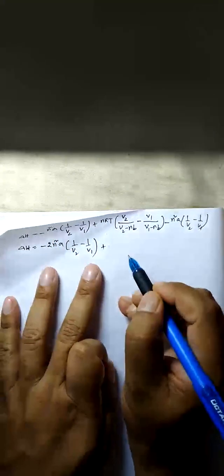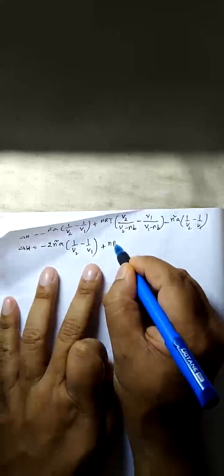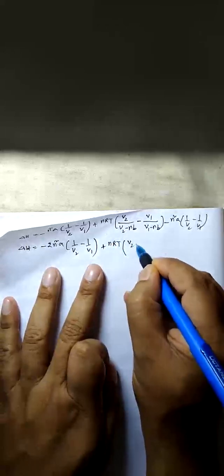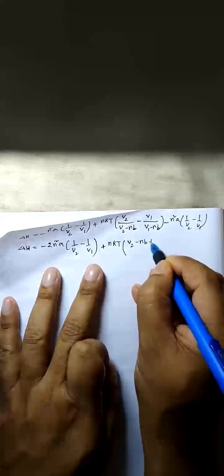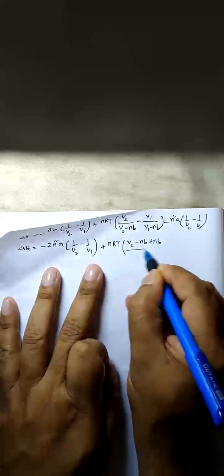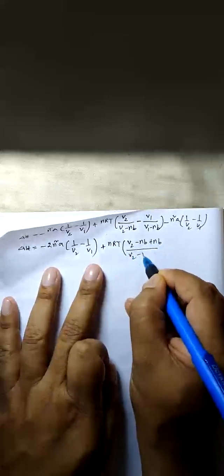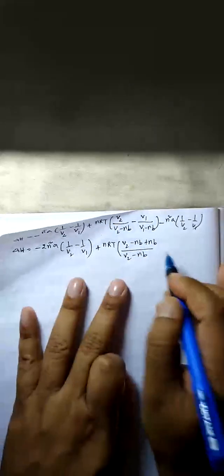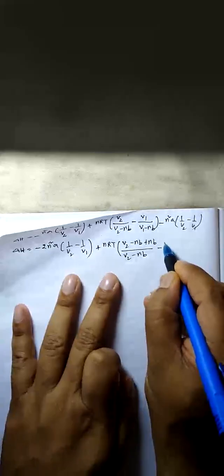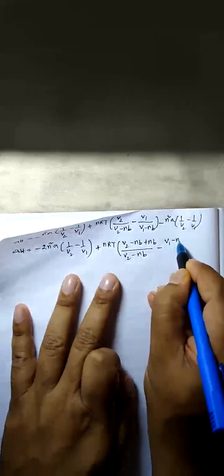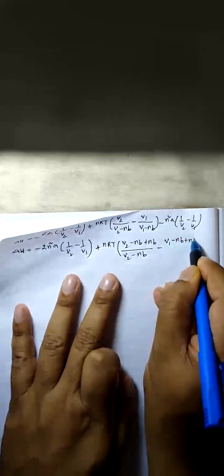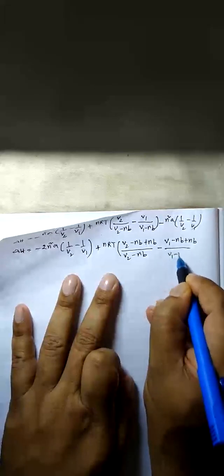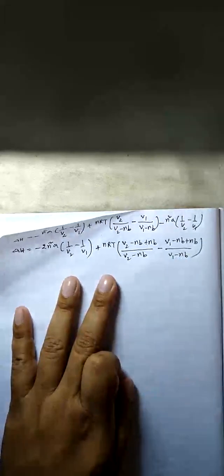Then plus nRT. Now v2 minus nb, you take plus nb. No problem: v2 minus nb, in this case minus nb plus nb cancel. Then minus v1 minus nb, again plus nb. No problem, it will cancel, divided by v1 minus nb.